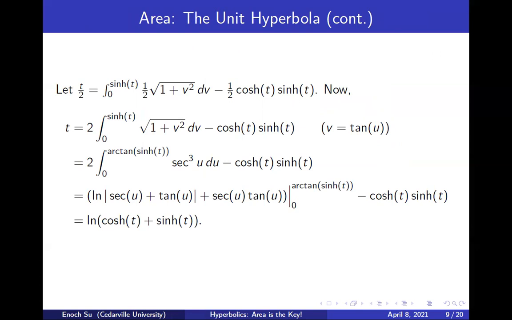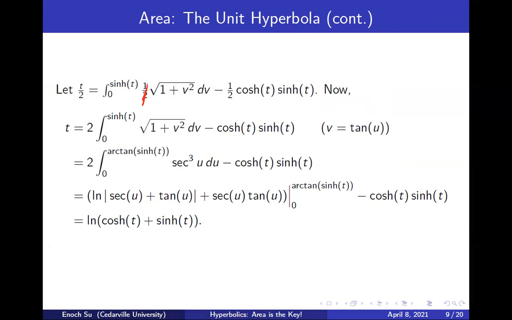It seems like there shouldn't be a half in front of the square root of 1 plus v squared. Yeah, upon looking at that, you're right. My bad. I think this should just not be here, the 1/2. That should not be there.